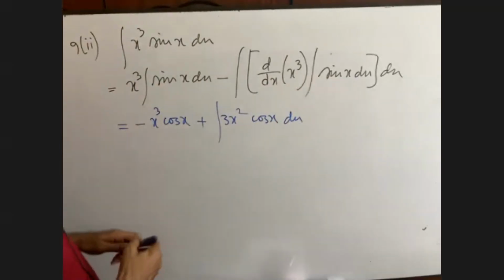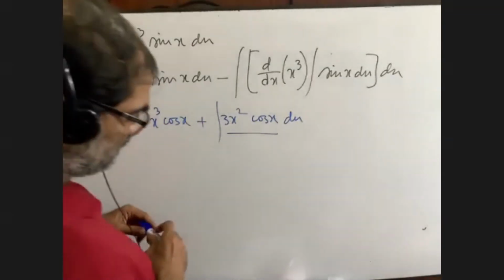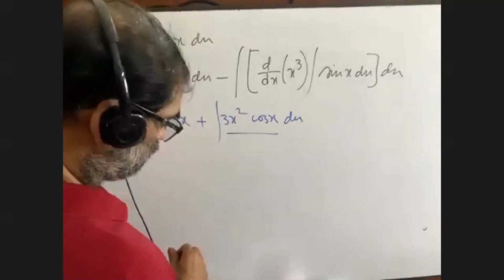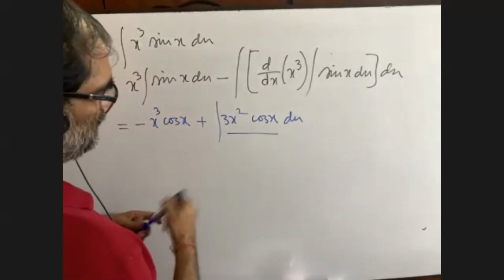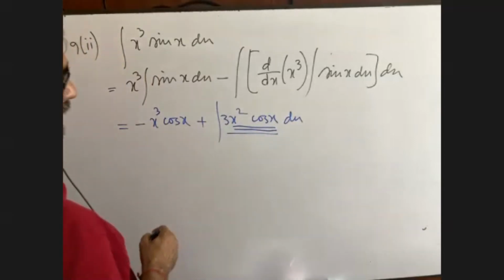Now, can't you do it after this? Yes, you can do it after this, because you did the same type of math in question number 8. Same math. In question number 8, you see, it was the math.